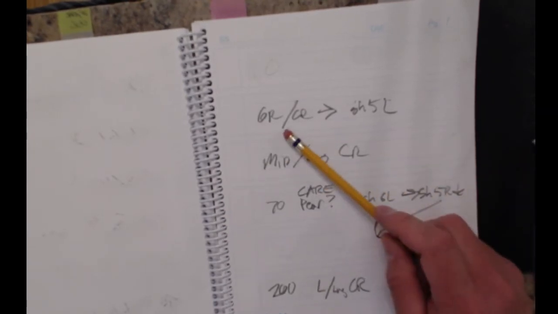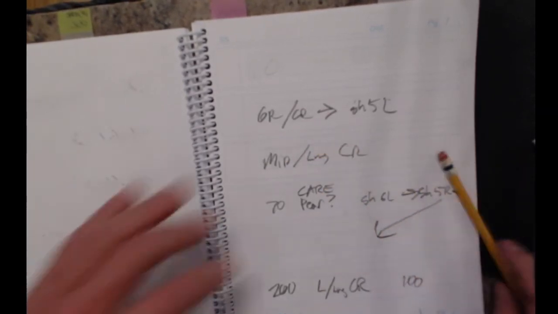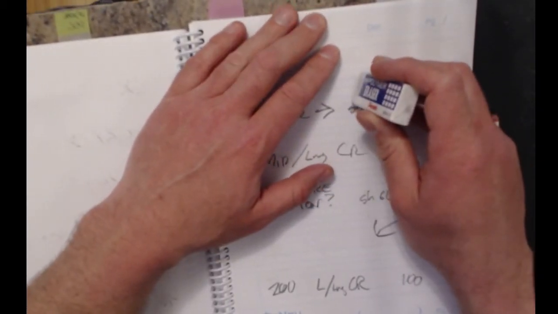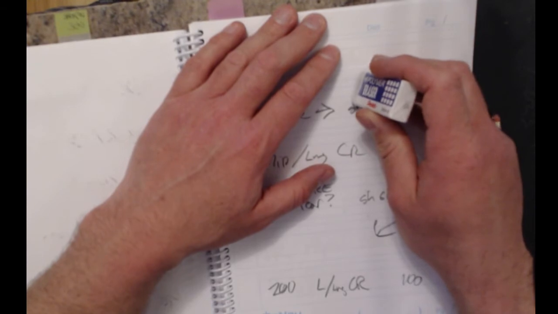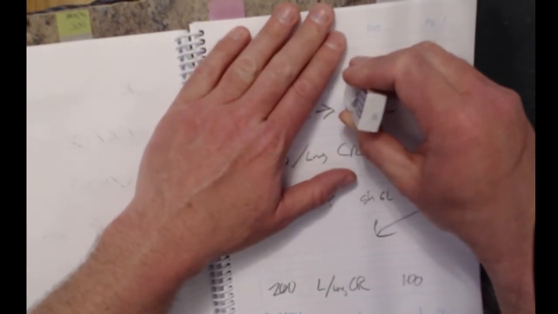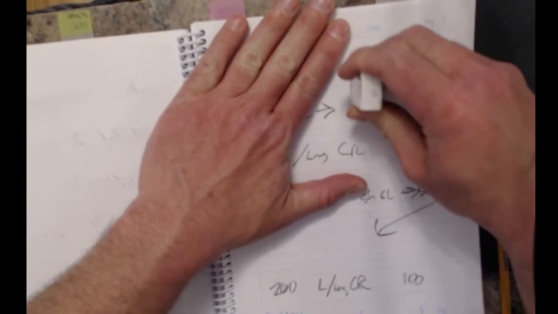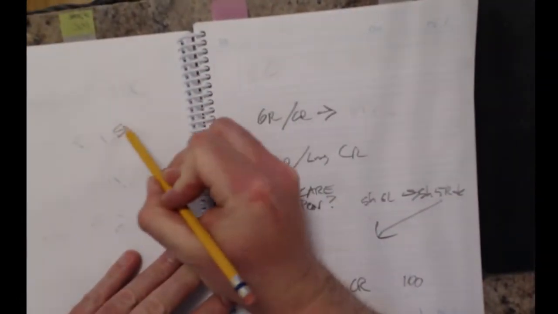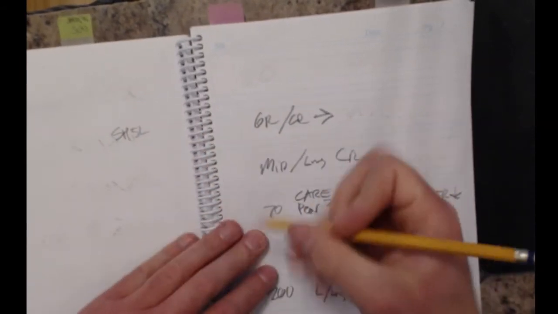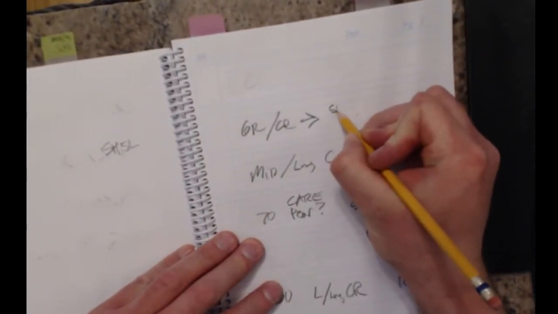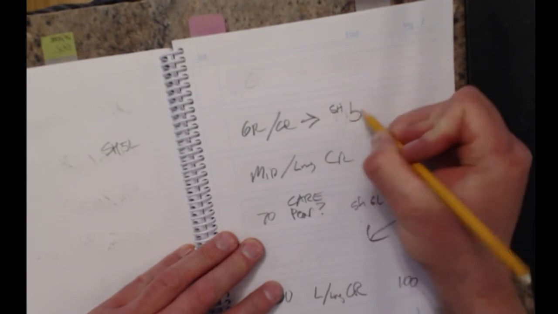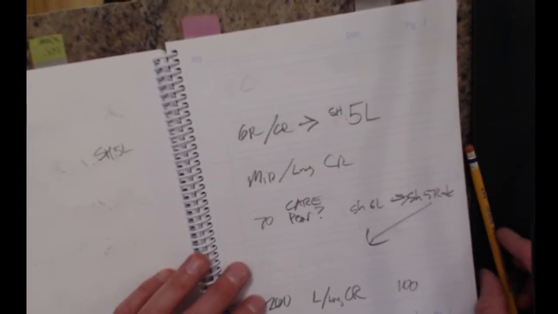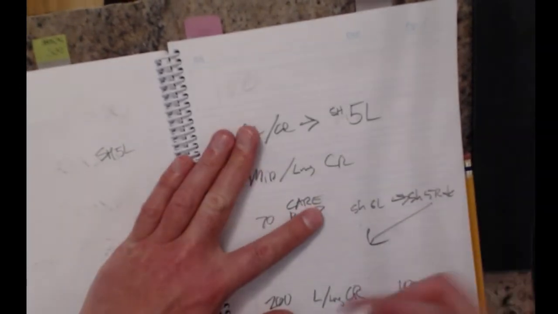So we get 6 right over crest into 5 left short. Short is before. Middle over long crest.